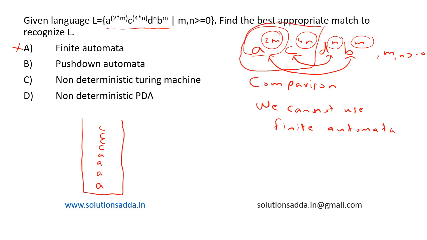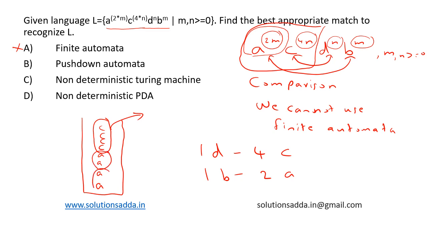Now when d comes, for 1 d we will pop 4 c's. This gets repeated for as many d's as we see. Then for 1 b we pop 2 a's.